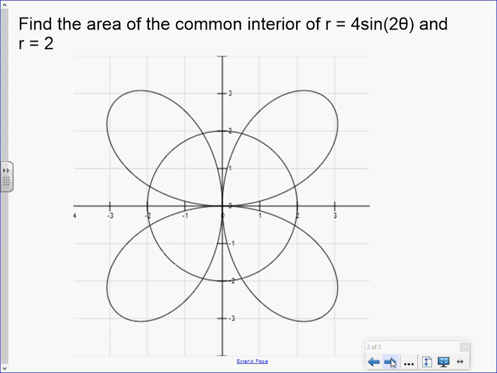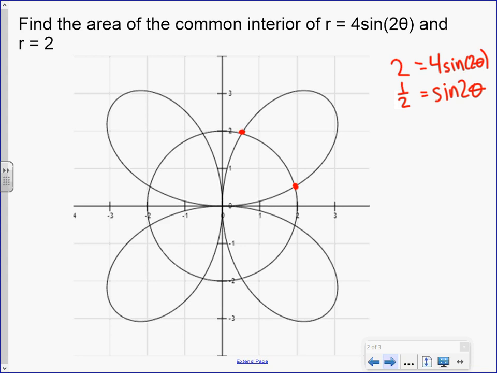All right. Now, we need intersection points, right? Yeah. So we need to know where 4 sine of 2 theta equals 2. This is where the sine of 2 theta is 1/2. Now, how many intersection points do we have? 8.